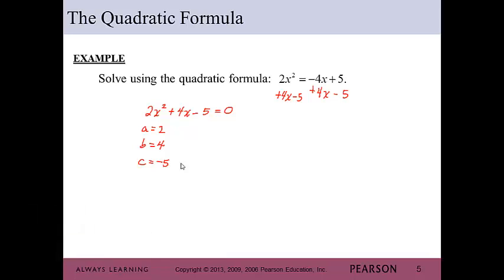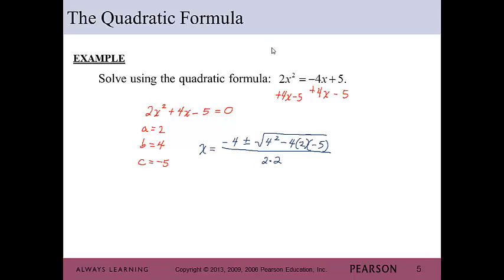And then we use the quadratic formula, so x equals negative 4 plus or minus the square root of 4 squared minus 4 times 2 times negative 5, all divided by 2 times 2.